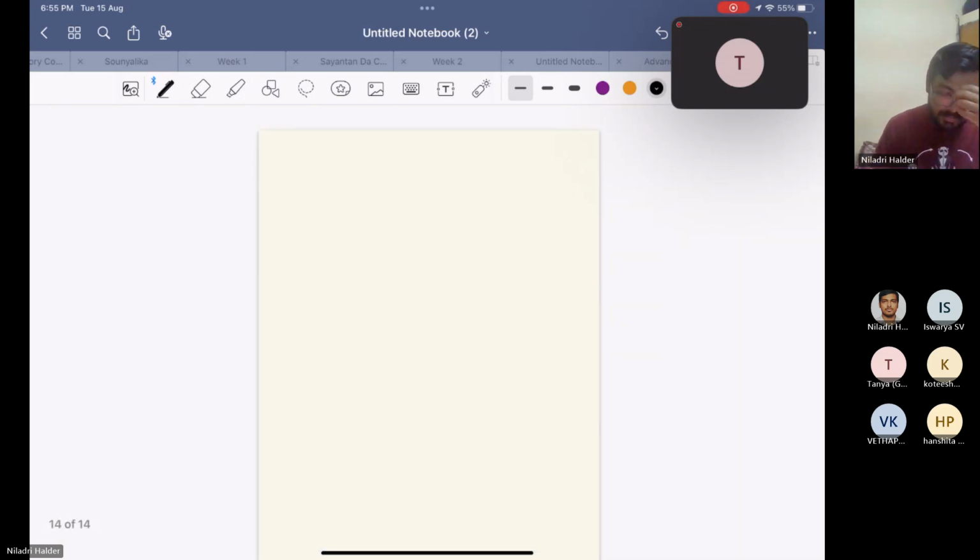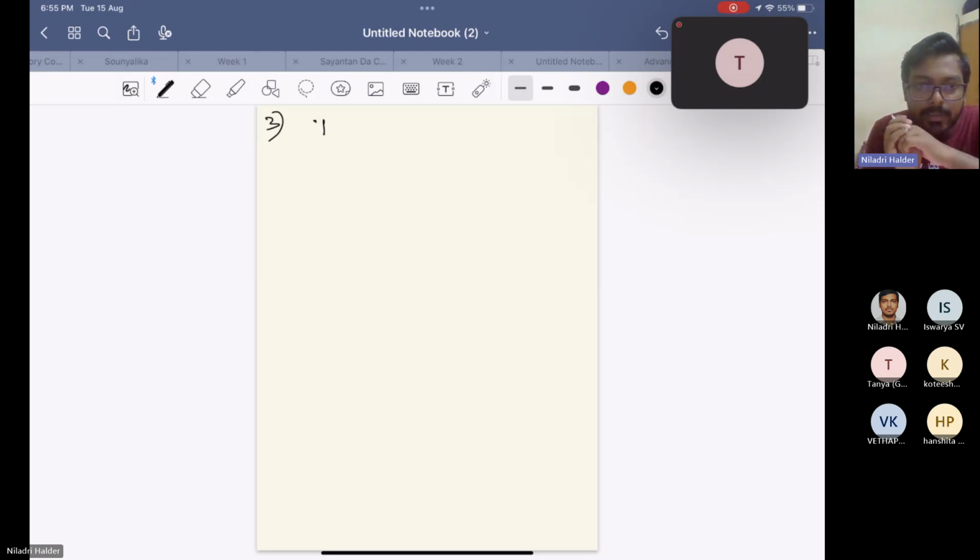Okay. So another question is that if I minus AB is 0, then I minus BA will also be 0. If I minus AB is non-zero, that means I minus BA will also be non-zero.